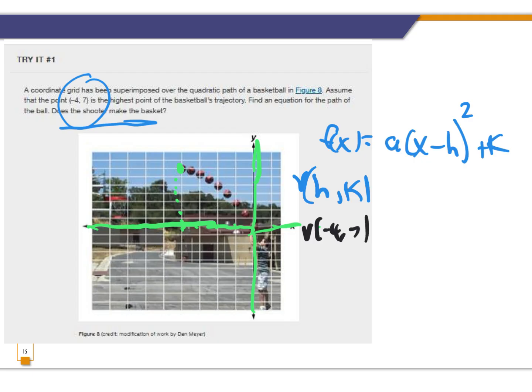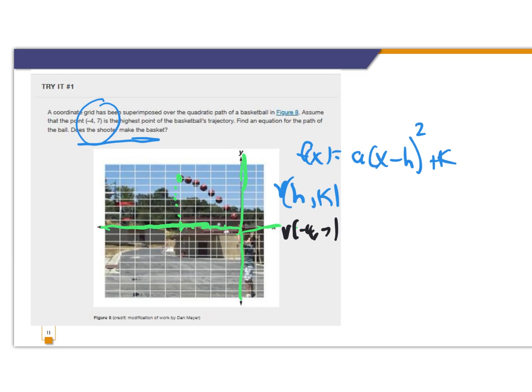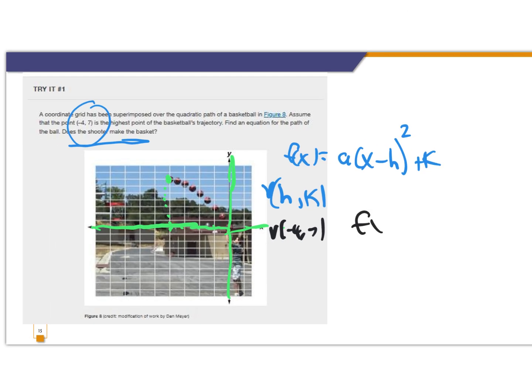So I'm going to plug that into my hk. So here goes. F of x, some a that I don't know, x minus a negative 4. We've talked about that. X minus a negative 4 becomes x plus 4 all squared plus the 7.